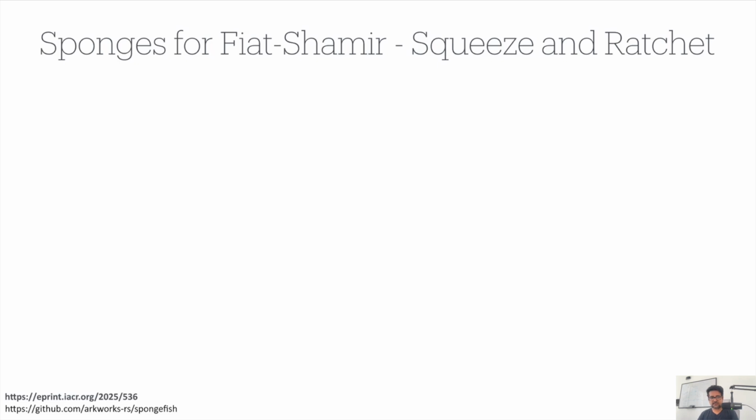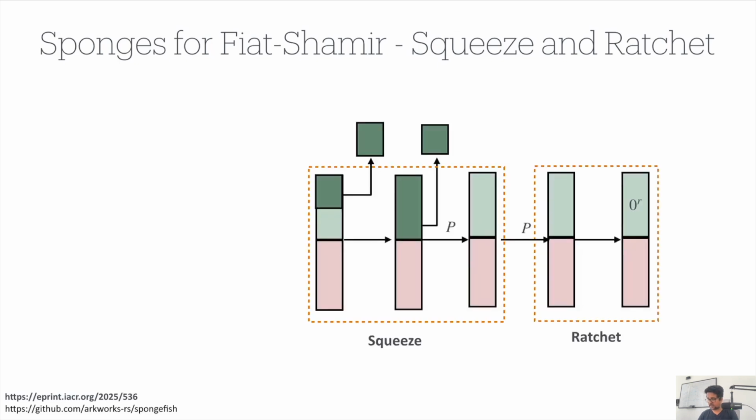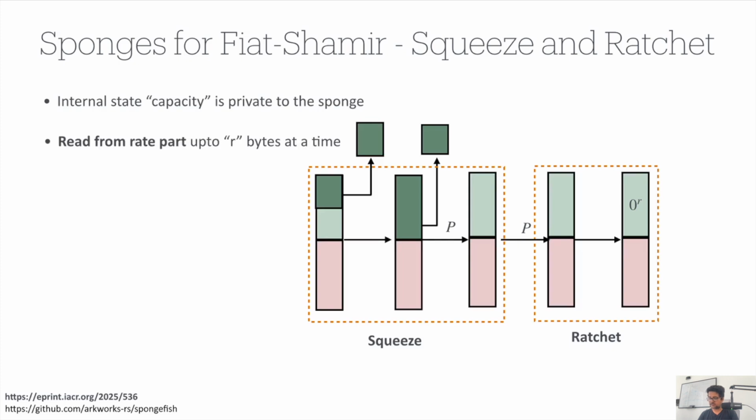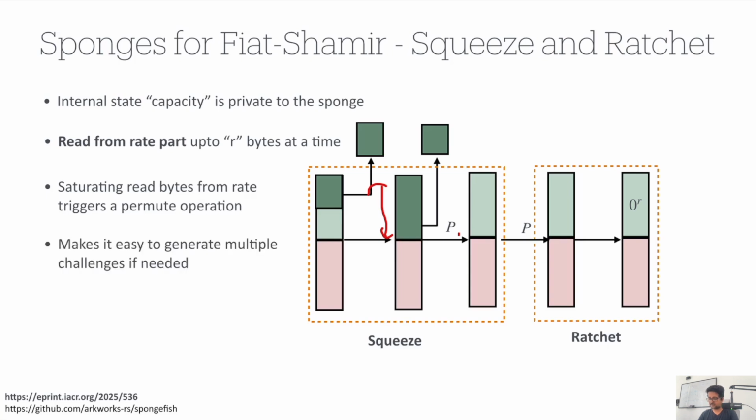The next operations are squeeze and ratchet. They also work in exactly the same way. We can read from the rate part up to r bytes at a time, and once you read r bytes, we always trigger a permute function. It makes it easy to generate multiple challenges.